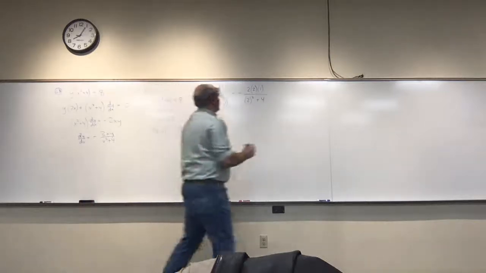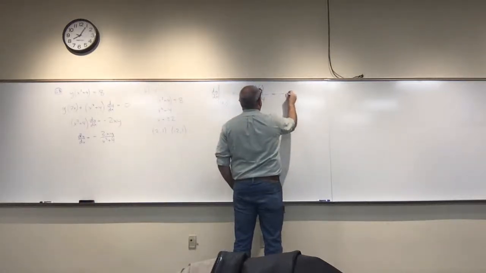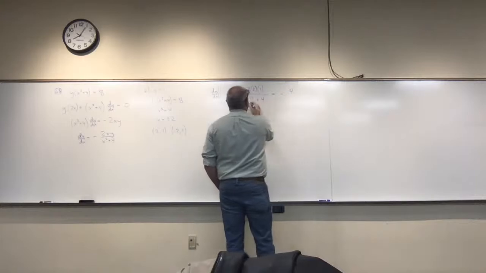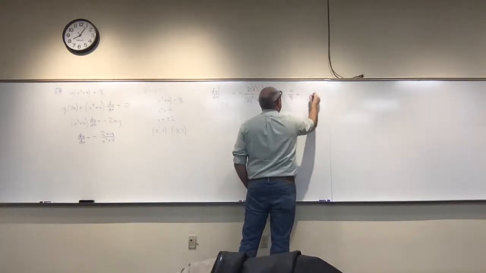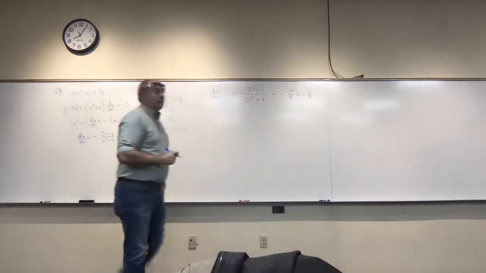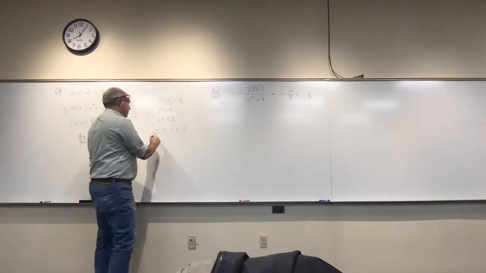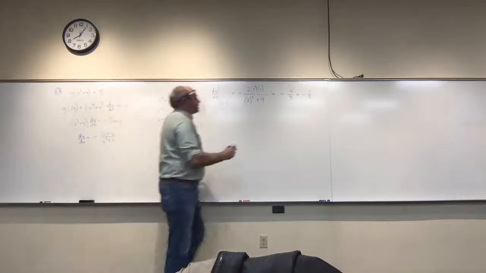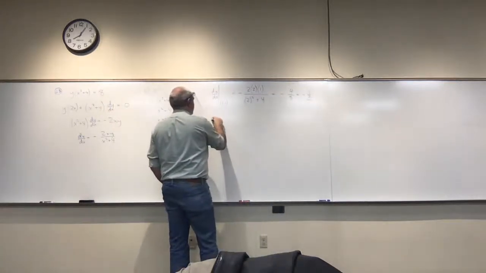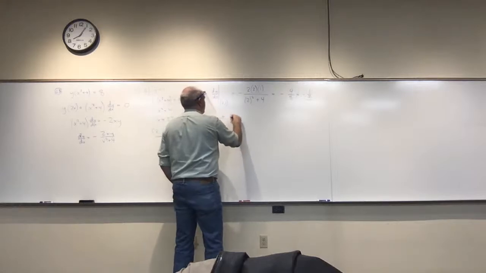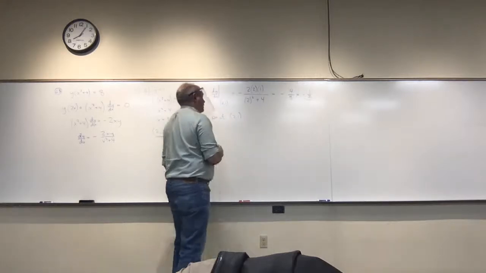So that gives me a slope of, on top I've got a 4, on bottom I've got 4 plus 4 or 8. So this is negative 1/2. Okay, so now I have a point and its corresponding slope. So at the point 2, 1, I have the following tangent line.